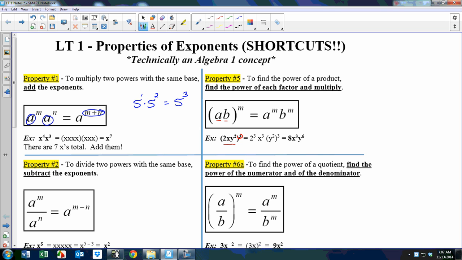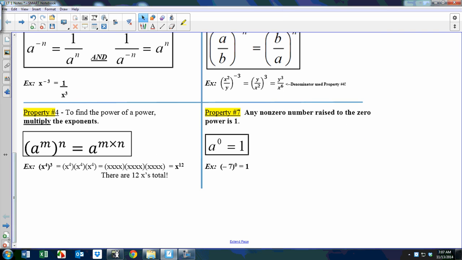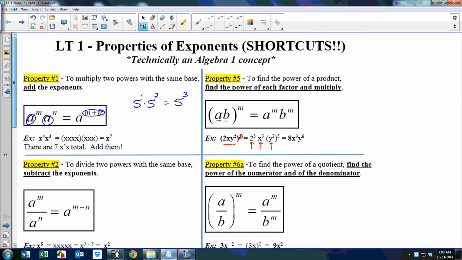In this case, there are actually 3 things in the parentheses, so you cube them all. You cube the 2, you cube the x, and you cube the y squared, which involves property 4 down here at the bottom. Property 4 says when you have a power raised to a power, you multiply those powers. So back up here, that y squared cubed becomes y to the 6.